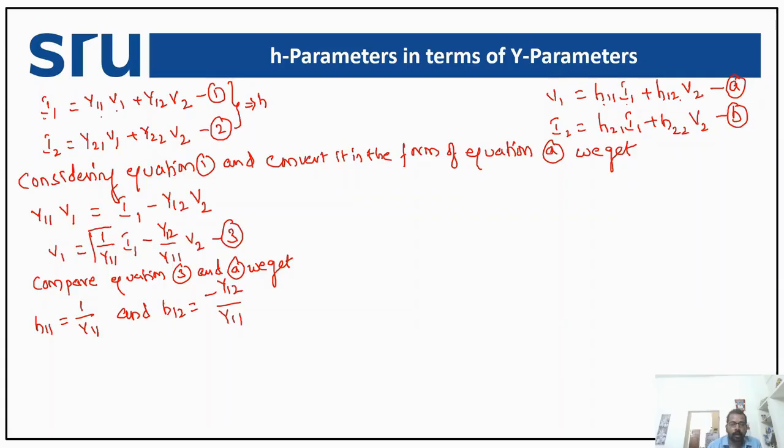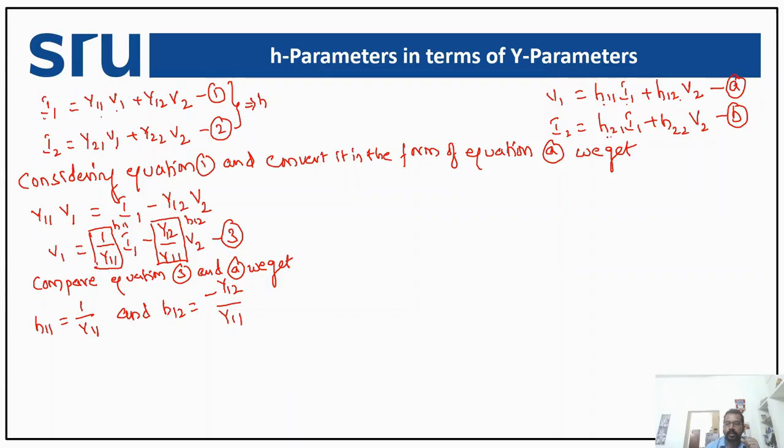So this is my H11 term and this is my H12 term. What are the two terms left? We need to find, that is H21 and H22.